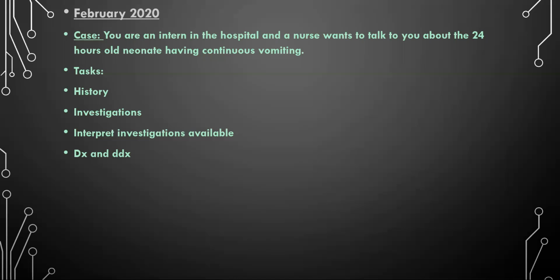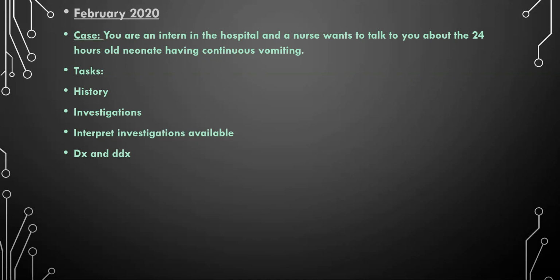After that, you can take some blood, as you said: full blood count, urea, electrolytes, creatinine, then liver function tests, blood culture, especially if there are features of sepsis. And also you can check urine. Urine MCS will be very good because some children with UTI will present with vomiting. Okay, so those are the important investigations.